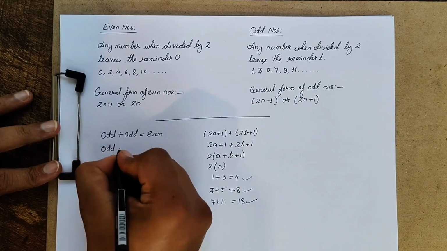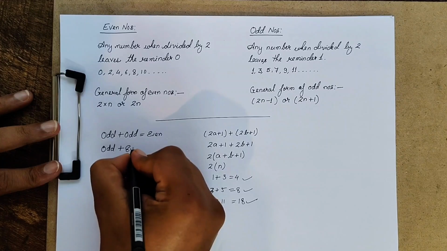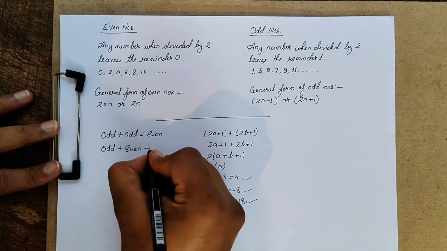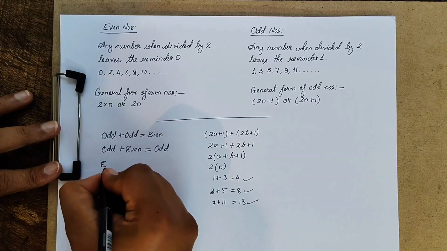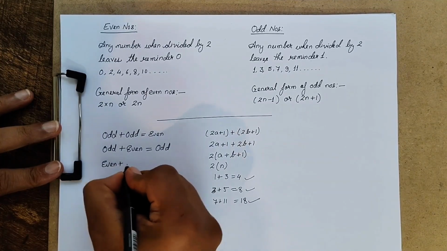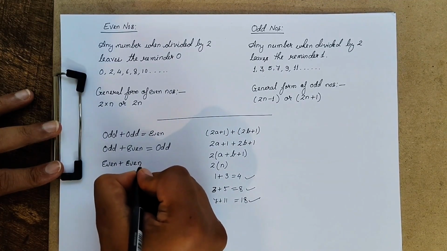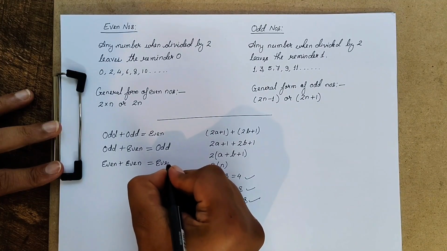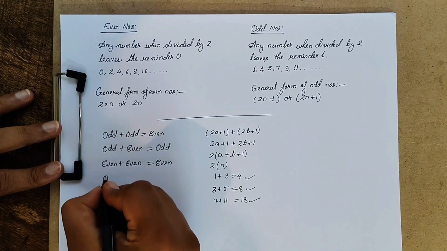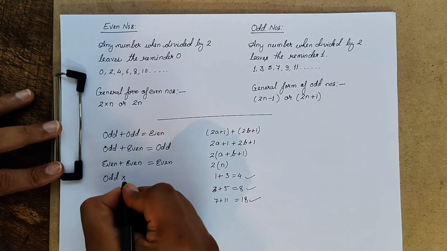Now let's see odd plus even. Odd plus even is always odd. Similarly, even plus even is always even. Now what is odd into odd?